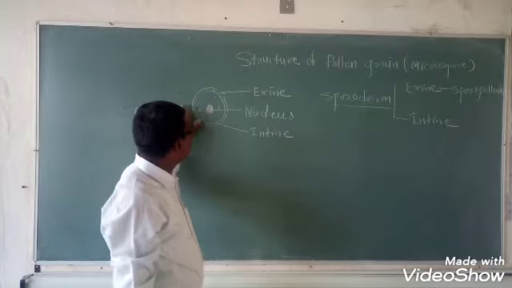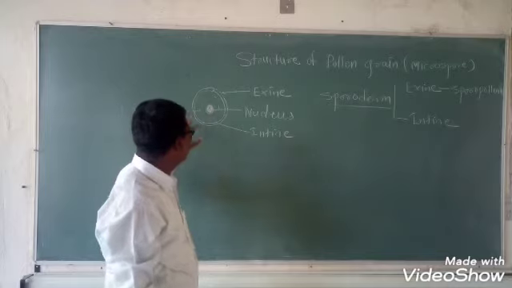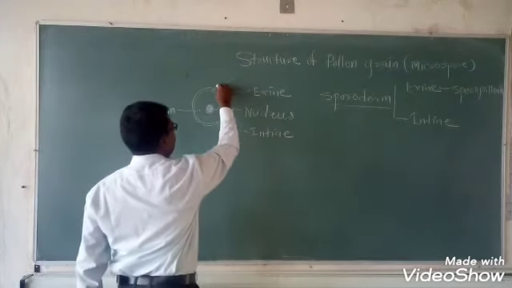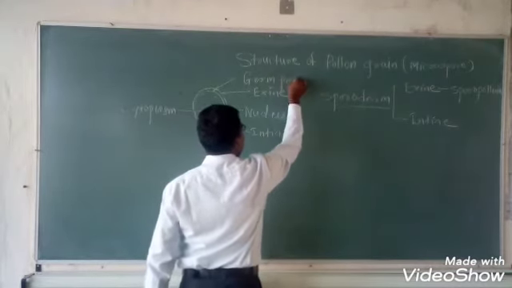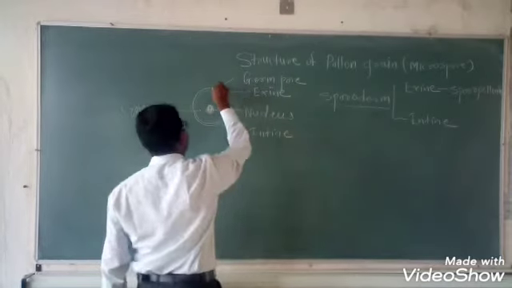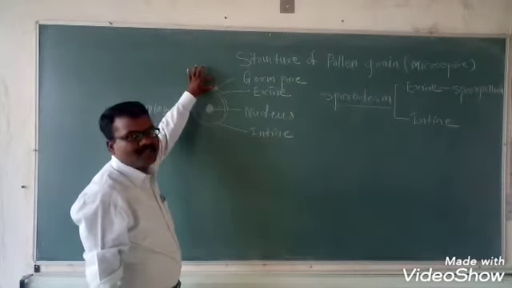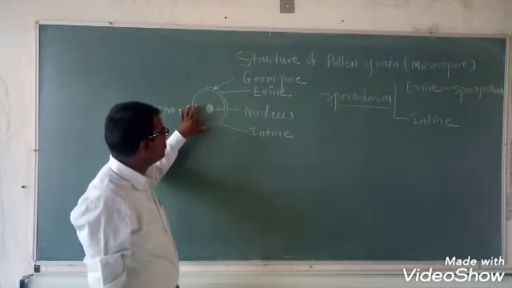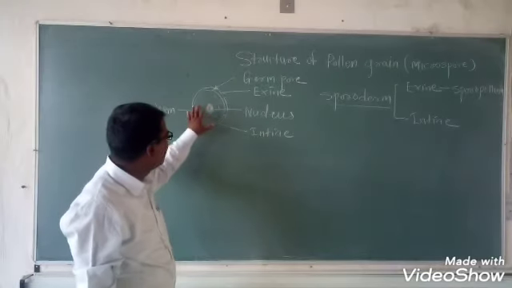Exine is not continuous around the intine. It leaves a small gap, called a germ pore. These are the openings of exine, because exine is not continuous and intine is a continuous layer of the pollen grain.